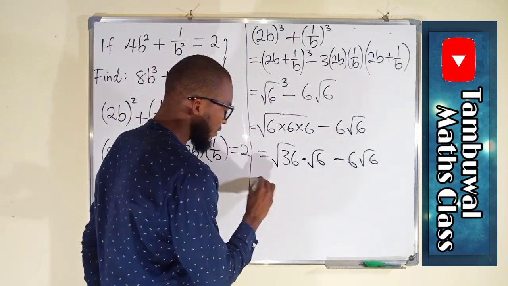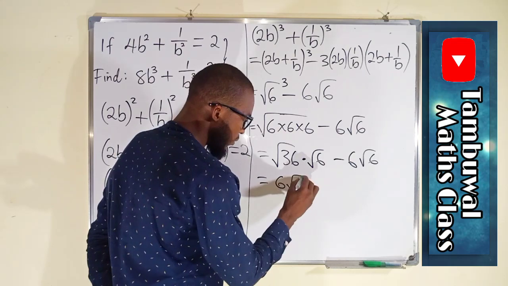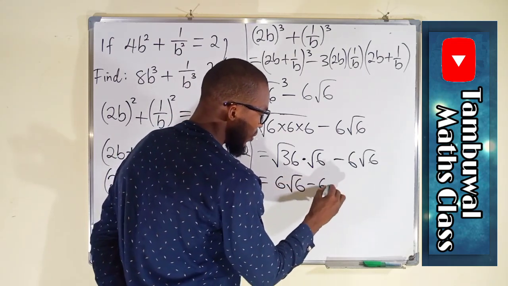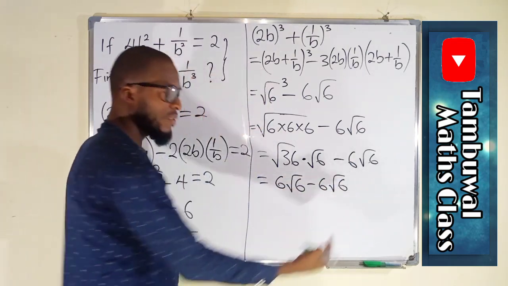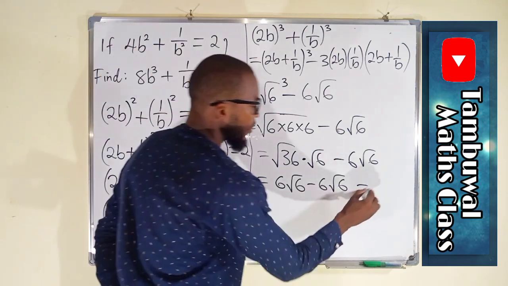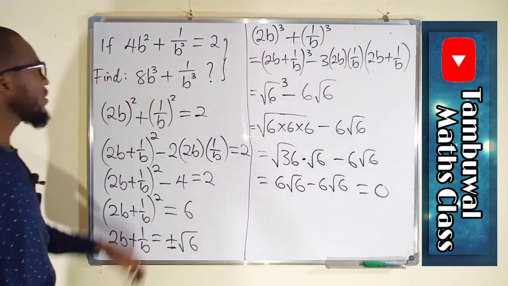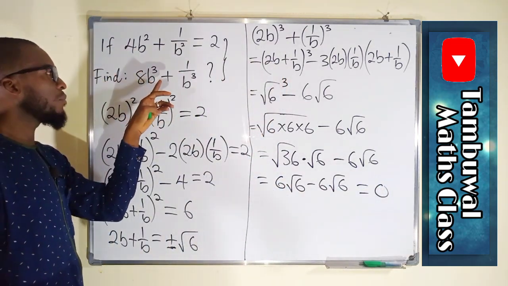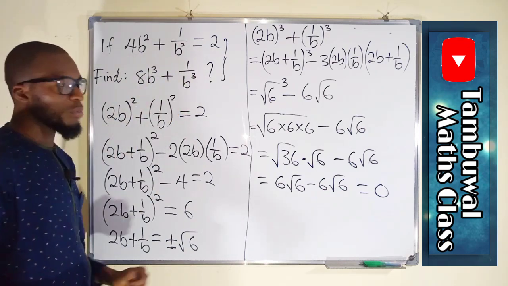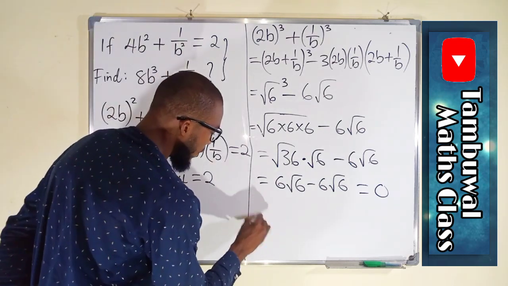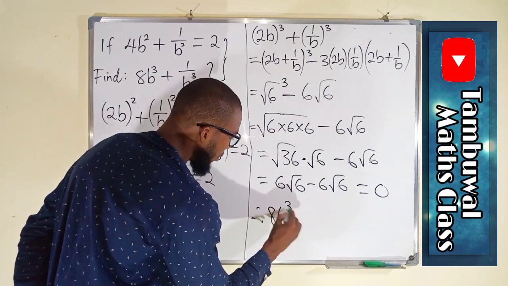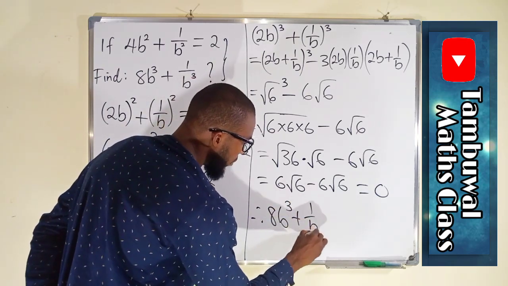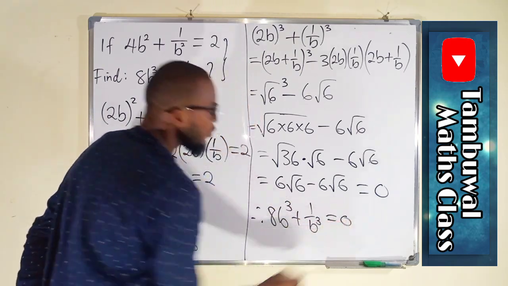Square root of 36 is 6. Root 6, then minus 6 root 6. This is just equal to 0. And therefore we say 8b to the third power plus 1 over b to the third power is equal to 0.